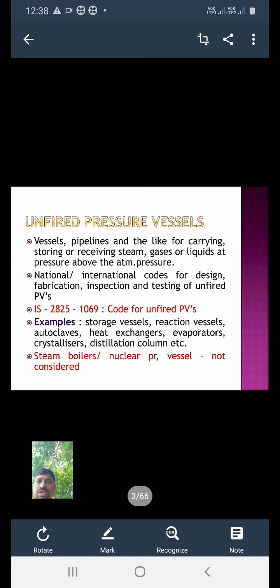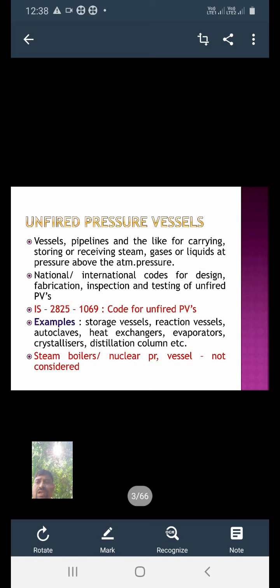Full penetration means you have given the joint efficiency: fully radiograph, then spot radiograph and no radiograph. Then second is a single welded butt joint with backing strip. They have given support with the backing strip. Then single welded butt joint without backing strip. Then next, single full fillet lap joint.